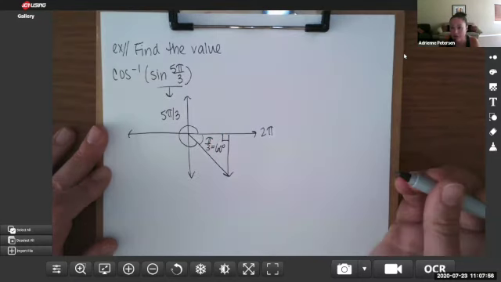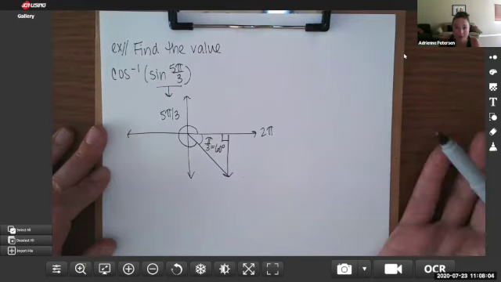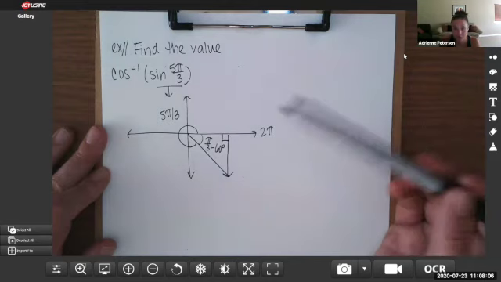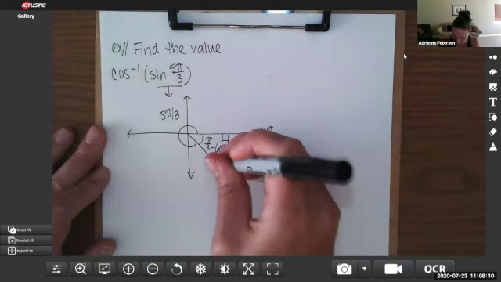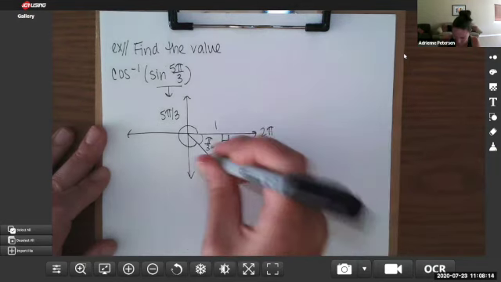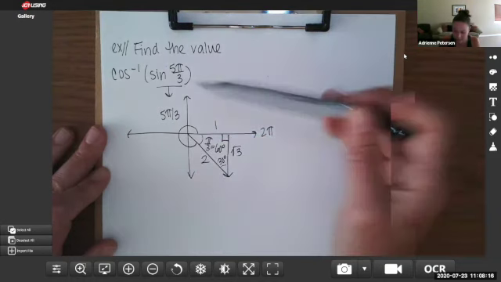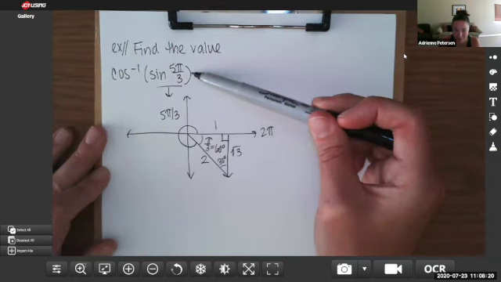Now the spoiler alert on all these problems is we still only know how to do 2 triangles, right? That 45, 45, 90 and the 30, 60, 90. So anytime you actually have to come up with a value, it better be one of those 2 triangles. So we recognize this as a 30, 60, 90 triangle. We know our sides are 1, √3, and 2. Okay, so this inside asks us to find sine of 5π/3.